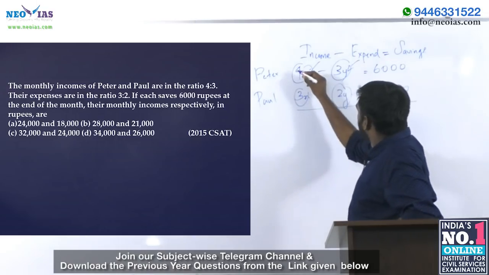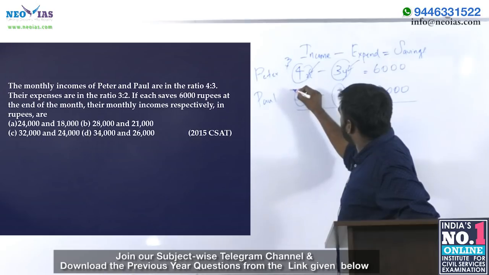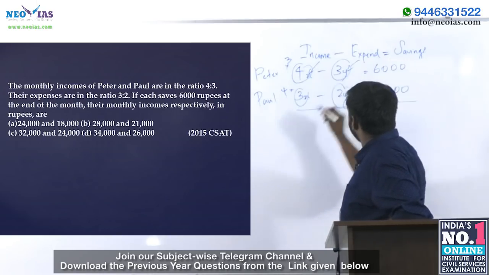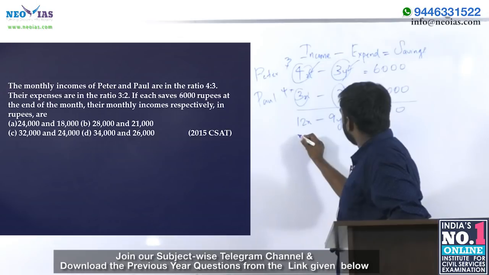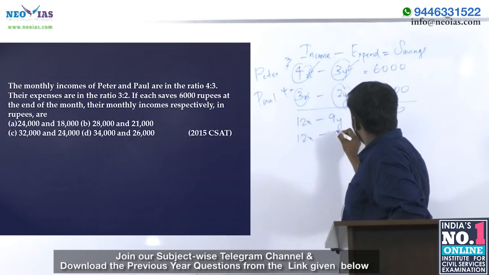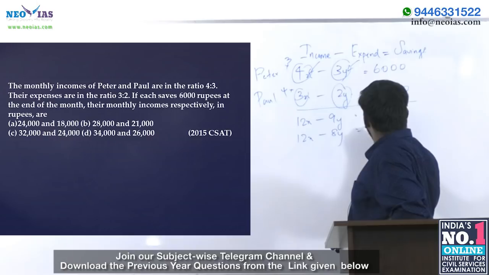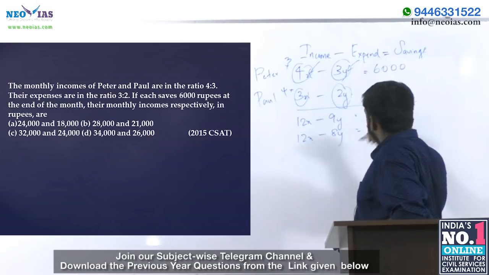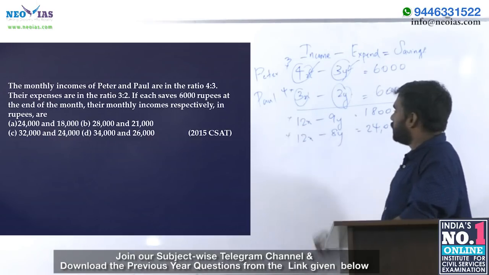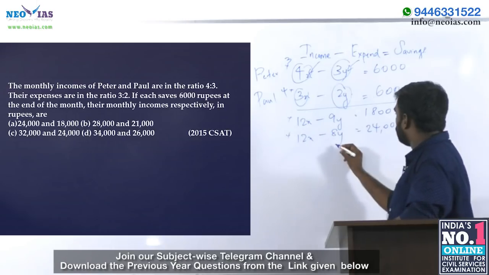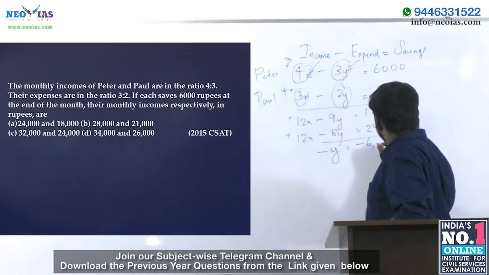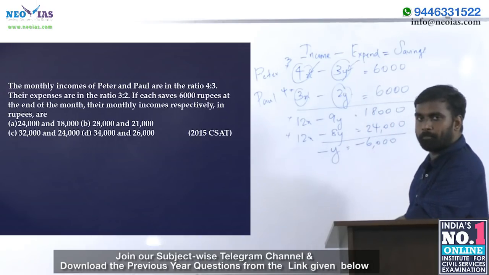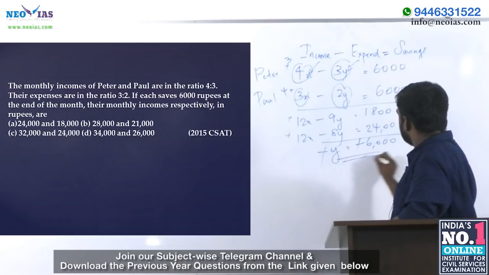We will multiply by 3 and 4 respectively to make the coefficients of x the same. This becomes 12x minus 9y equals 18,000, and 12x minus 8y equals 24,000. Now the coefficients are the same, so we can cancel them, and the rest is minus y equals minus 6,000. So, we got the value of y as 6,000.